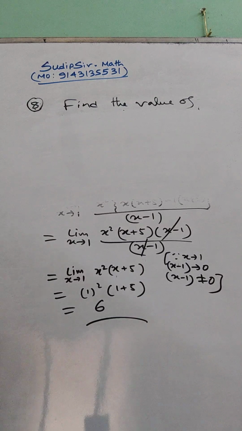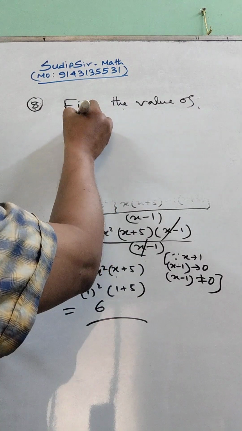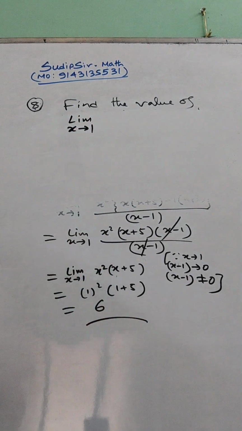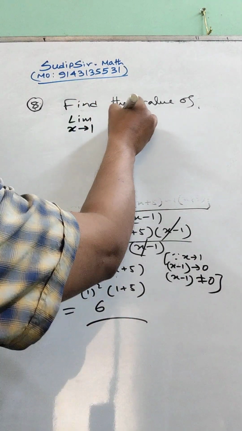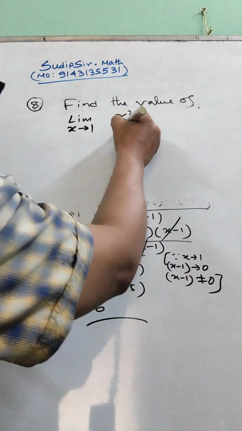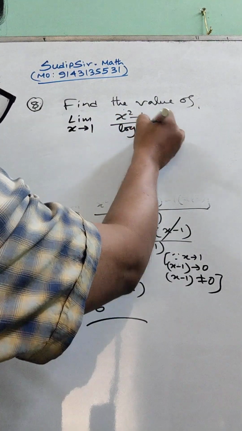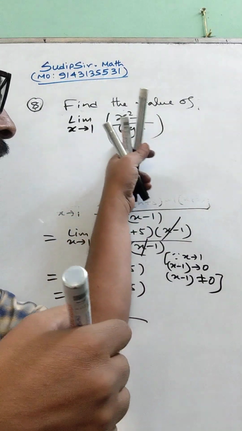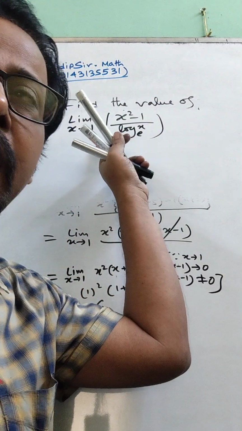Find the value of limit x tends to 1, x square minus 1 by log of x base e. For this you have to find the limit.